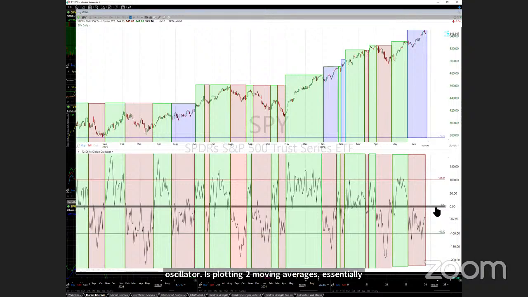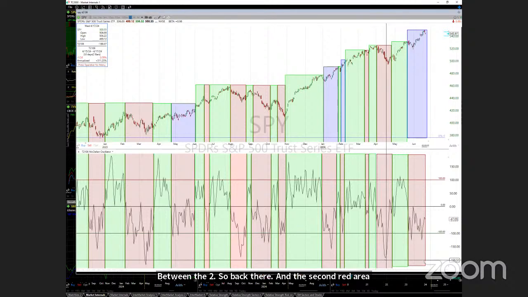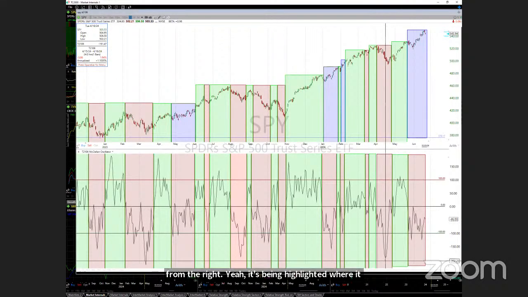If it's below zero, the 19 is below the 39. If it's above the zero line, the 19 is above the 39. And then there's the distance between the two. Back there on the second red area from the right, where it got really deep, the distance between the two moving averages was very far apart.